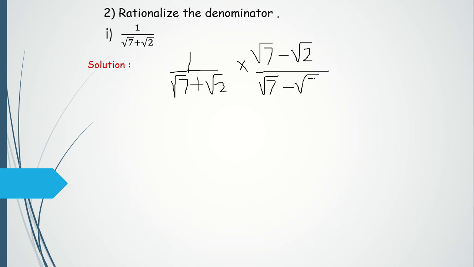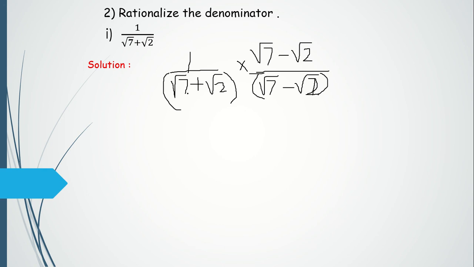We multiply by its conjugate. Whatever you do in the denominator, we cannot just multiply in the denominator and leave. Whatever operations we do in the denominator has to be done in the numerator also, so that the value of the question doesn't change. Understood?